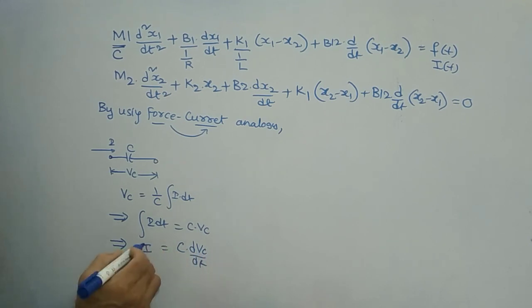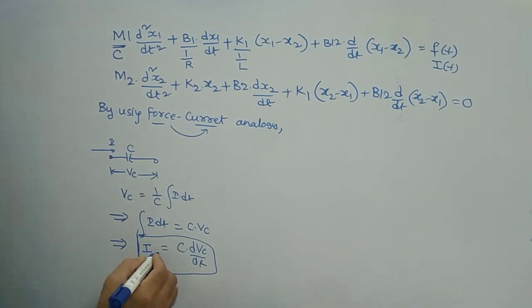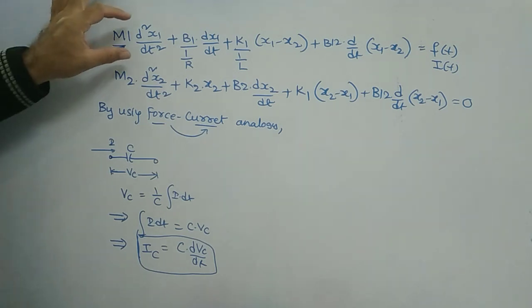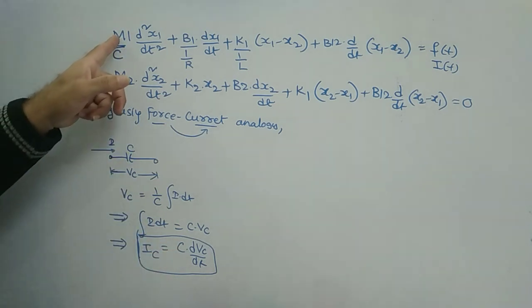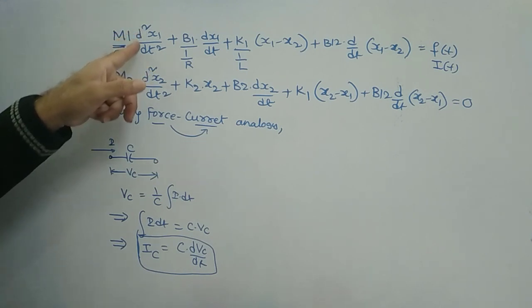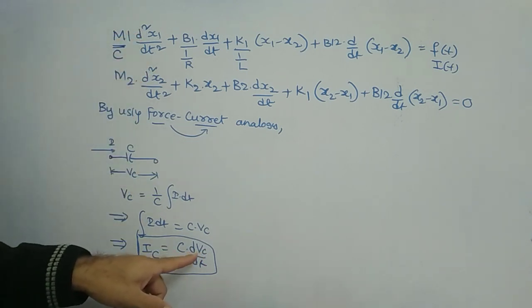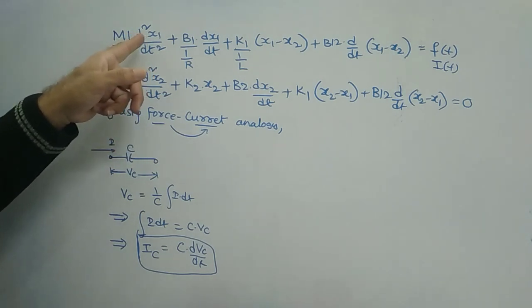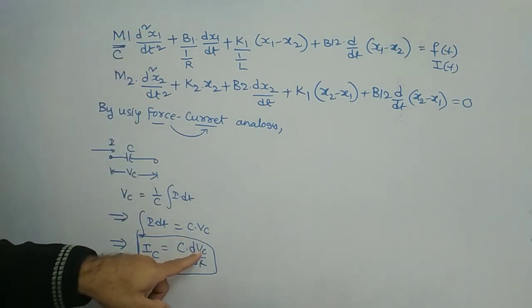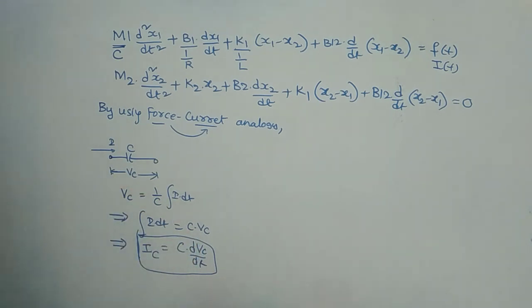That is the current equivalent, the current Ic flowing through the capacitor. So your expression must be C1 into dV1 by dt, wherever C or M1 is there. Vc is the capacitor voltage, normally you can write V1 in that way.